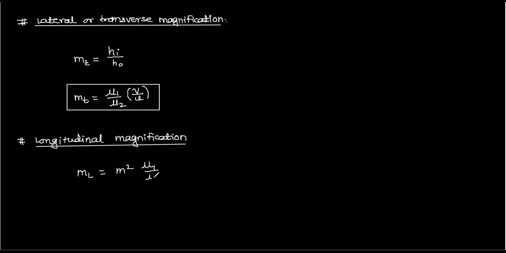Same like if you go for mirrors or lenses, you get almost the same formulas, and there is no need to derive again. Once you have one derivation, you can go ahead with that. Same like the mirror formula, this is refraction at curved surfaces, then transverse, then longitudinal magnification.